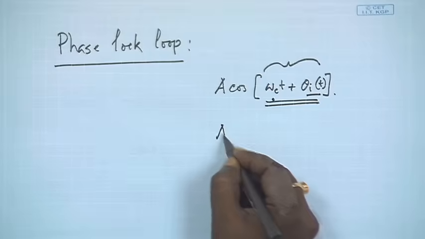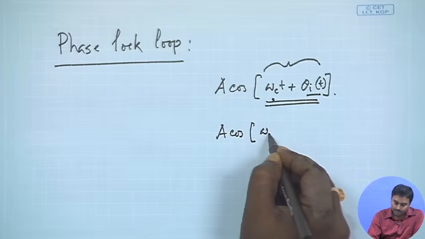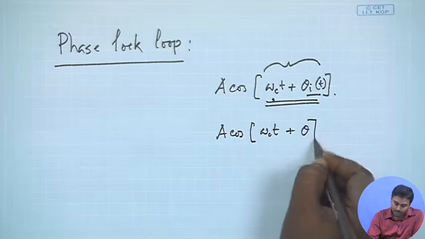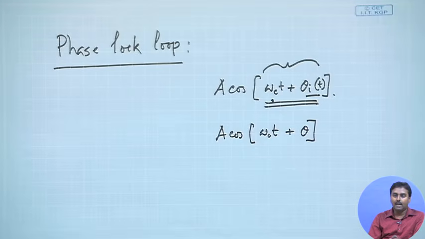Generally, if I have the representation like this, where omega c and theta are non-time varying, that means they are constant with respect to time, then the separation of frequency and phase comes into the picture. Otherwise it's the overall phase, because once both of them are varying with time, I cannot discriminate what is frequency and what is phase.